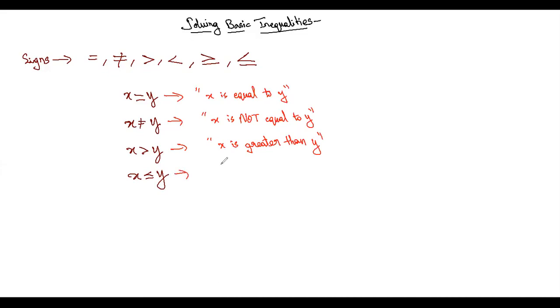What is this read as, the last one? This is actually read as x is less than or equal to. So here the word or I'm writing so that you understand. This is the difference between the others. It is less than or equal to.